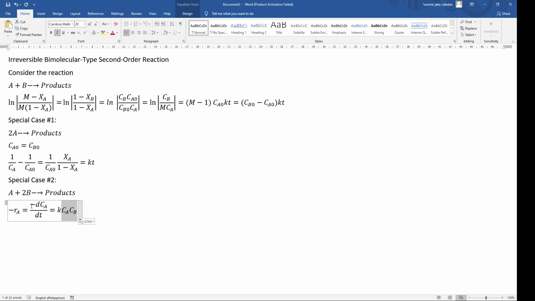So we have this, and then similar lang siya dito sa first na equation. So again, this one, we'll be using this one. So we have that, and then since we have tulo ka unknowns, we could not use variable separable.